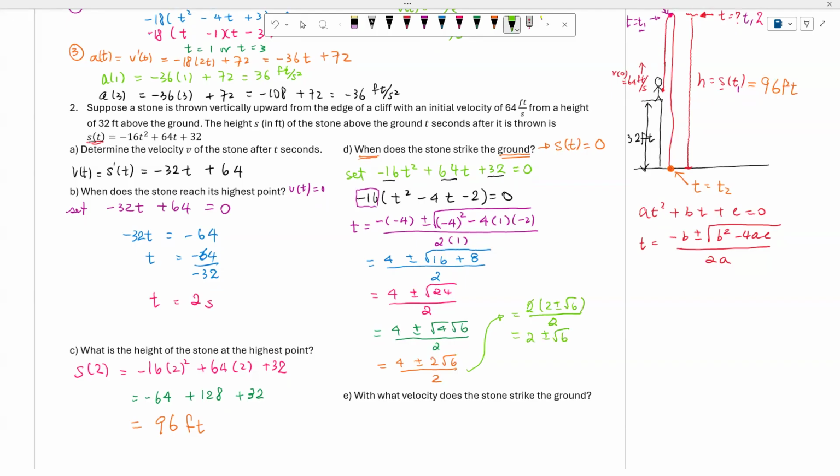Okay. And now, of course, we have two results. One is 2 minus square root of 6. Another one will be 2 plus square root of 6.